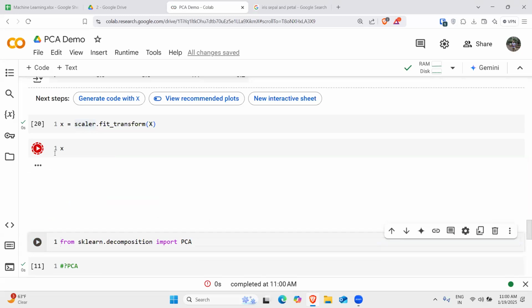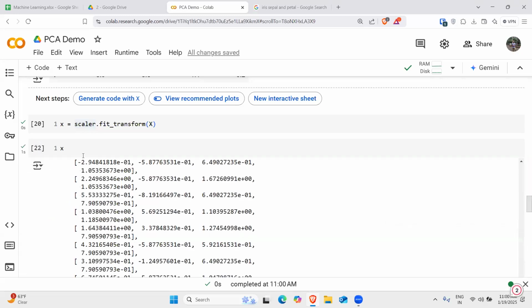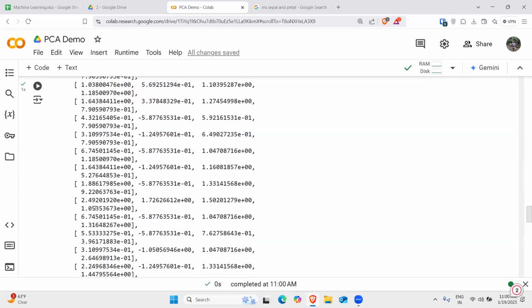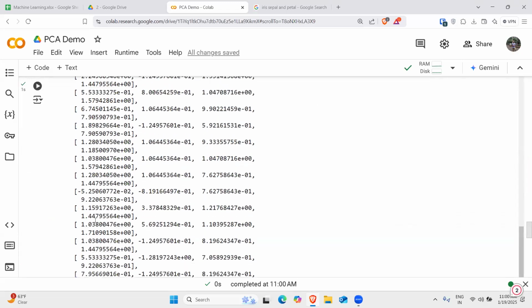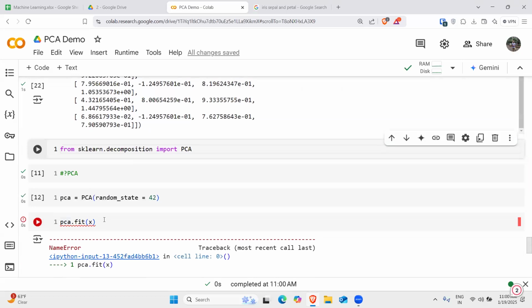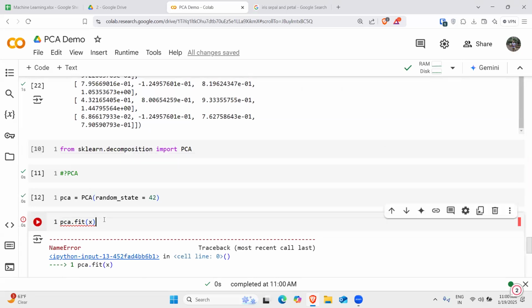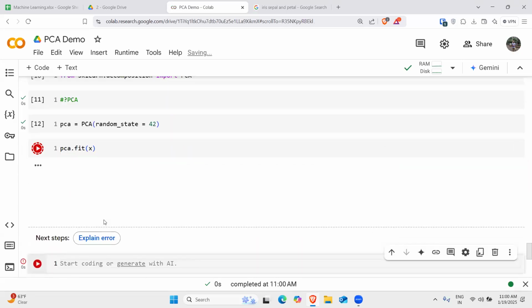So it will be scaled data, right? It will be scaled data. Now we can fit this scaled data on PCA over here. This is what we'll do.